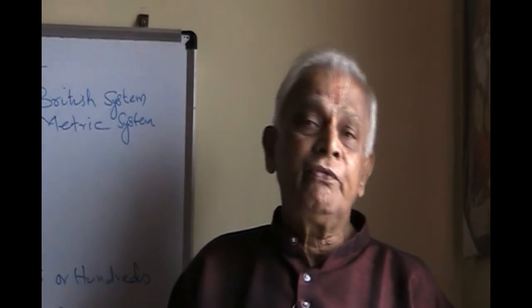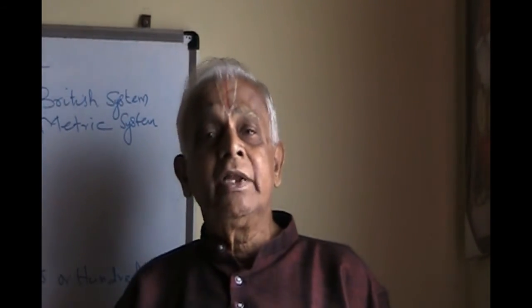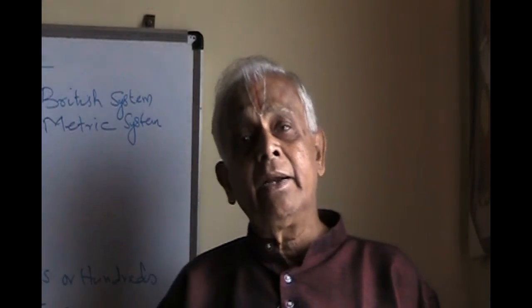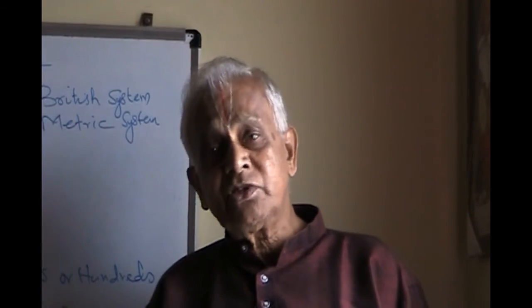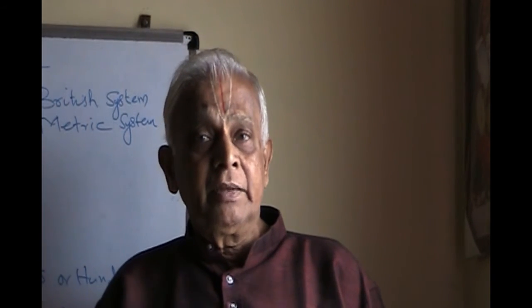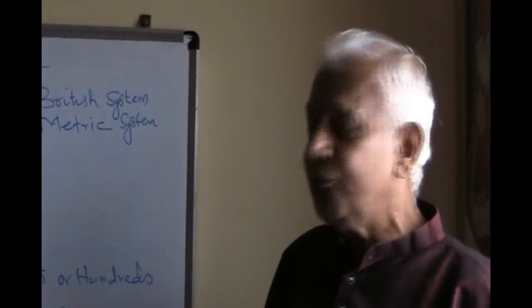The 54 is nearer to 50 and not nearer to 60. Therefore, the number can be rounded off to 50. On the other hand, if the number is 58, the number can be rounded off to 60 instead of taking it to 50. The nearness will be the calculation for the purpose of rounding off.